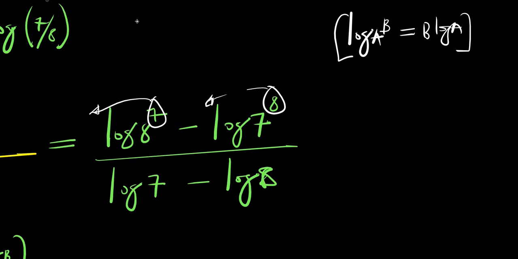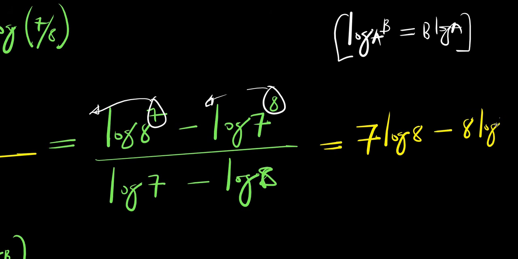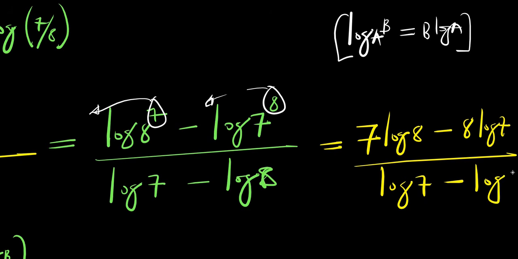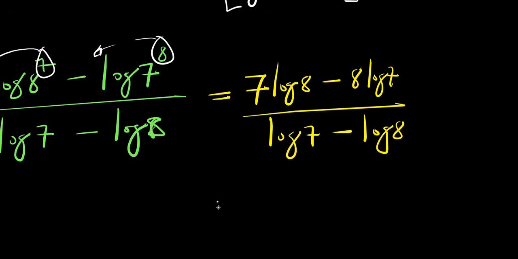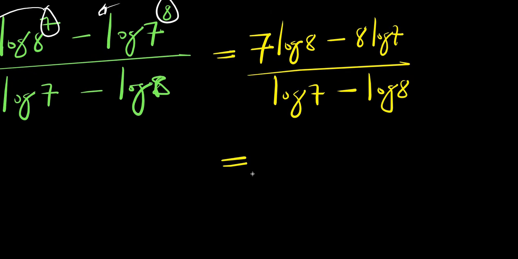So what we are going to have will be 7 times log 8 minus 8 times log 7, divided by log 7 minus log 8. So at this particular point, we need to find the value of log 8 and log 7, so that we insert it right here.